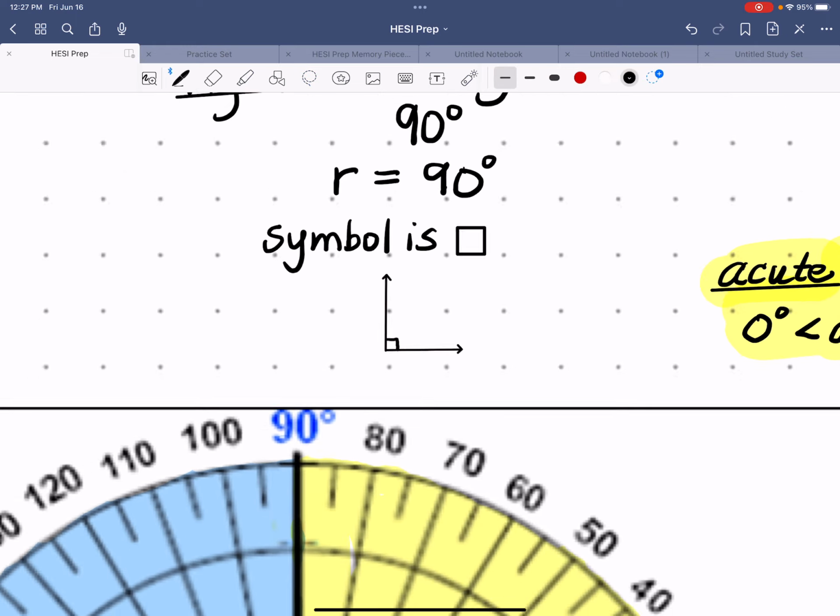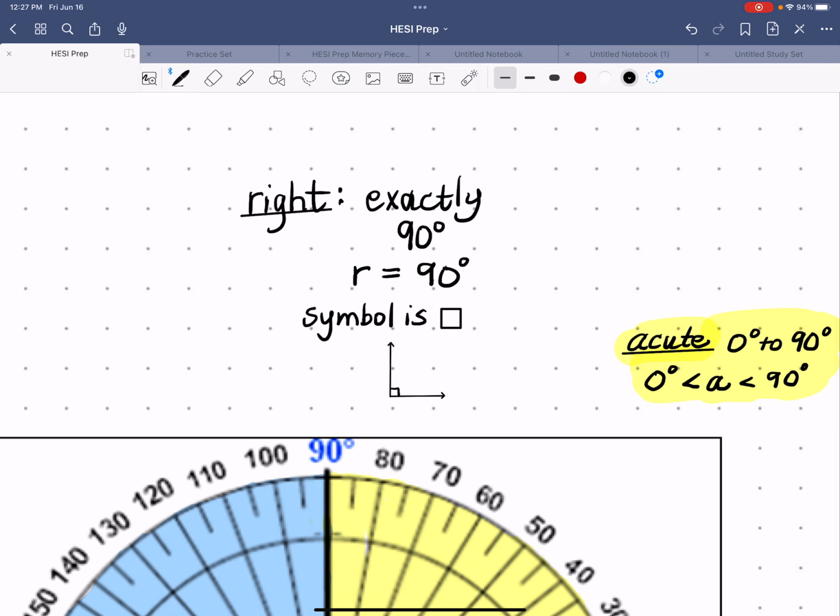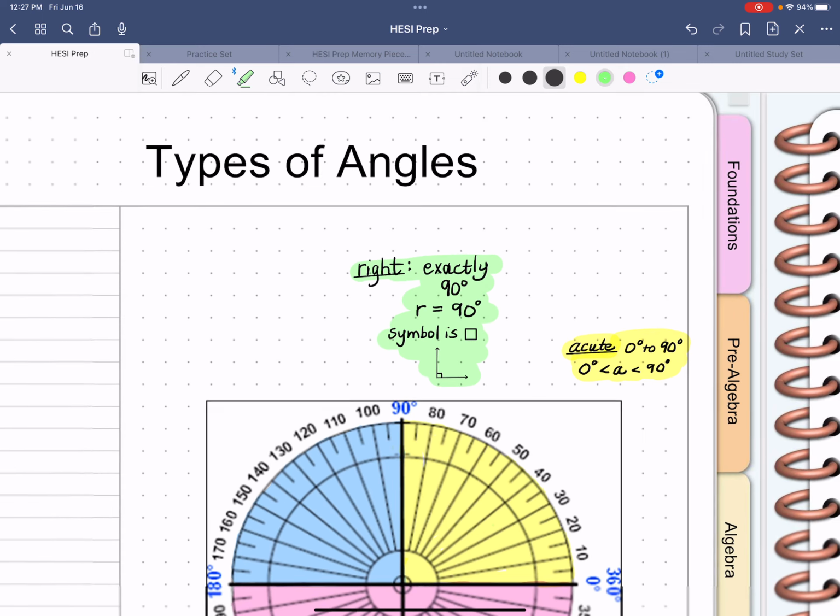So the symbol for 90 degrees is the square. Let me highlight this one. I think I'm going to use orange. I can't highlight it on the grid, or I'll use green. That's fine. A right angle is exactly 90 degrees. Regardless of which way it's facing, it is still called a right angle.